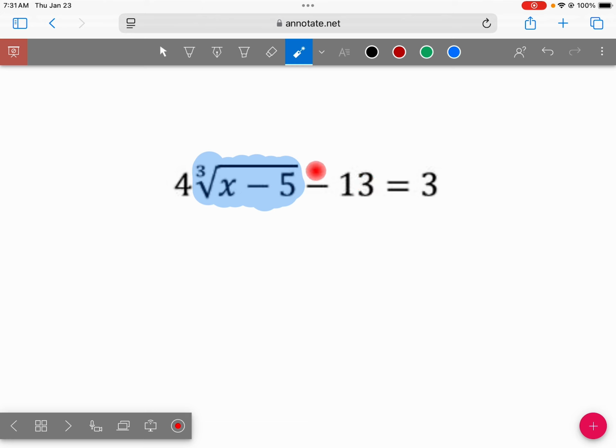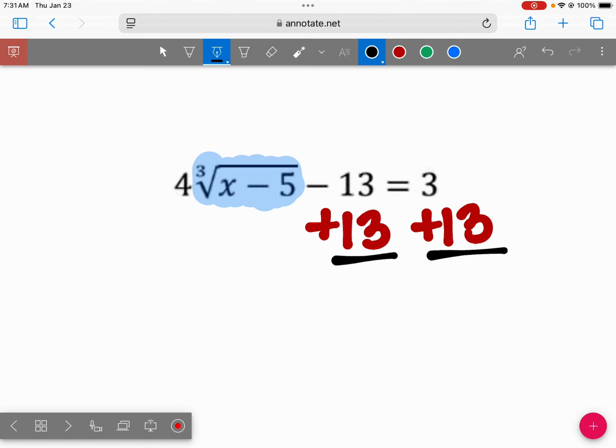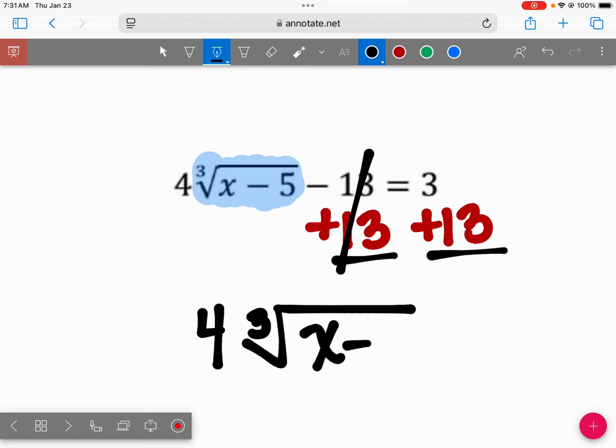And what's the opposite of subtracting 13? Adding 13. Good. So let's do that. So go ahead and add 3 plus 13.